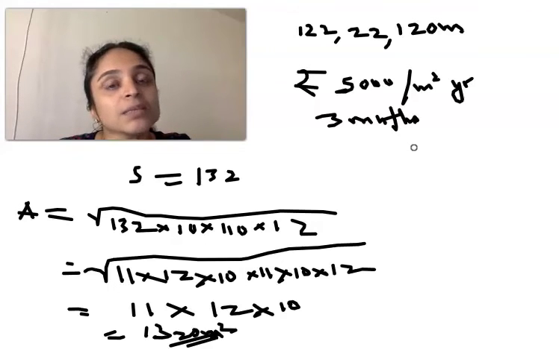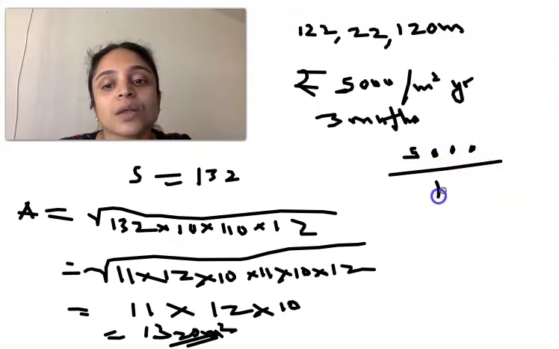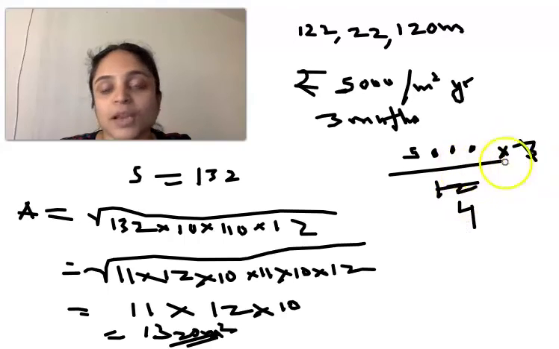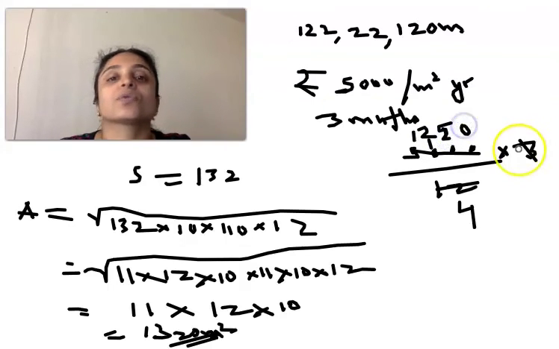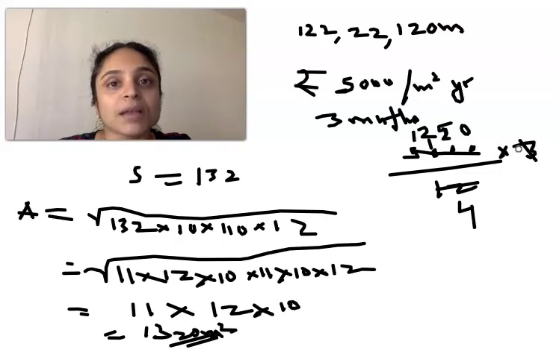So for 3 months, 5,000 by 12 into 3, and that is equal to, 3 will go in 12 4 times, and 4 will go in 5000, 1250 times. Rent for 3 months is 1250 rupees.